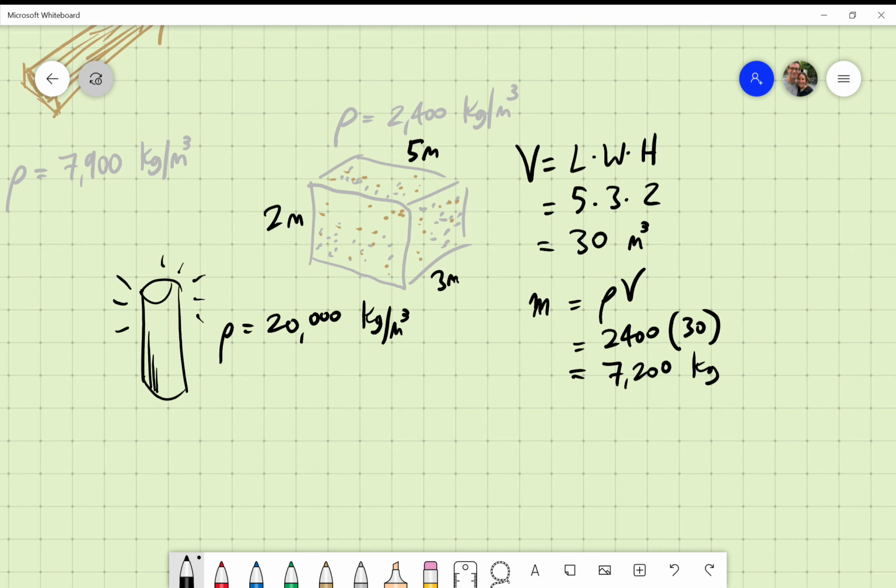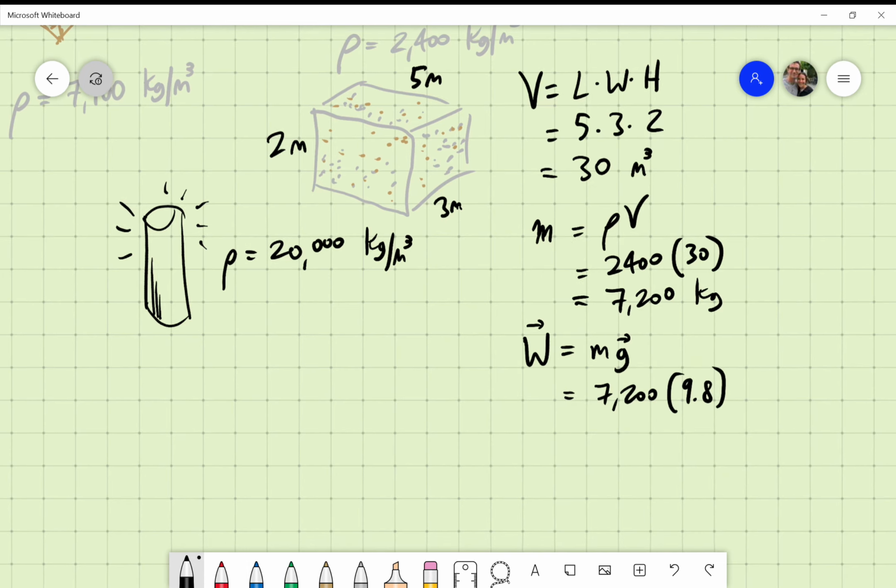And then from there, going back to our previous slide, you could also work out what the weight force is. You take that 7,200, you multiply it by the 9.8, and you get the result, which I will do right now on my calculator. 70,560. 70,000, I'm going to round up, and that is in newtons.